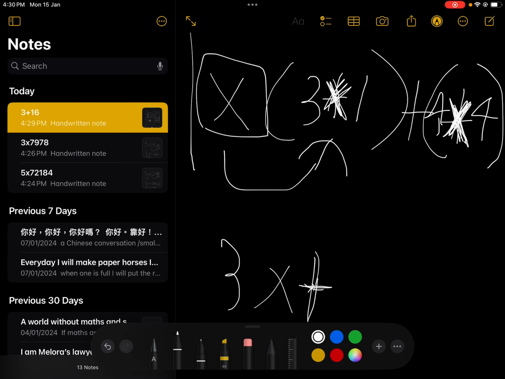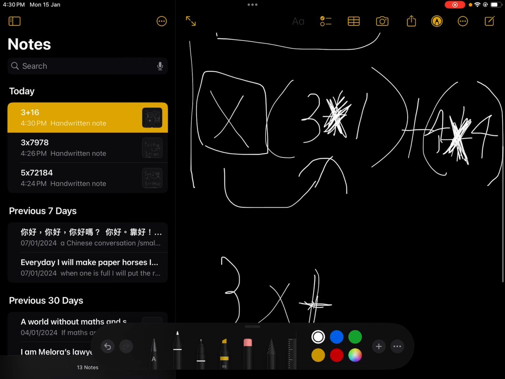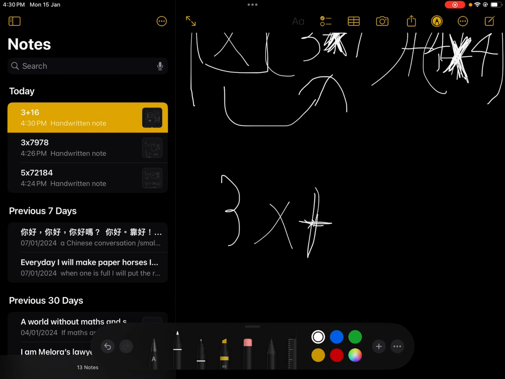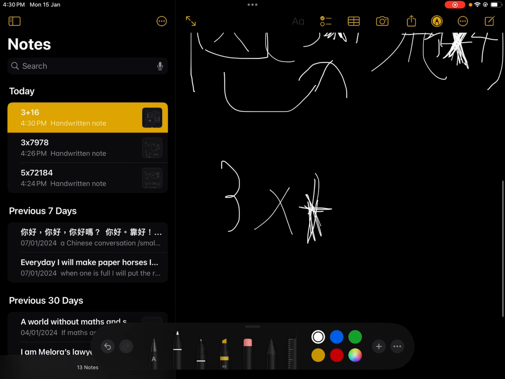Even though this will be 4x, we're multiplying it, so this is multiply, so just change this to multiply by x.